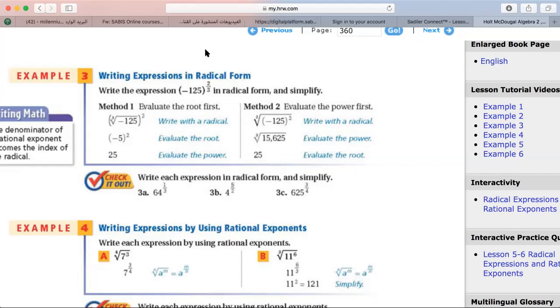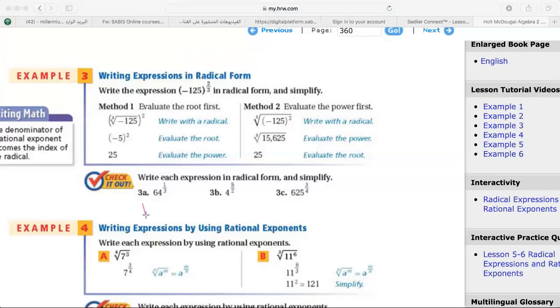Okay, girls? So if you're going to answer this one, 3a, here I have 64 as the radicand, and the index is the denominator.